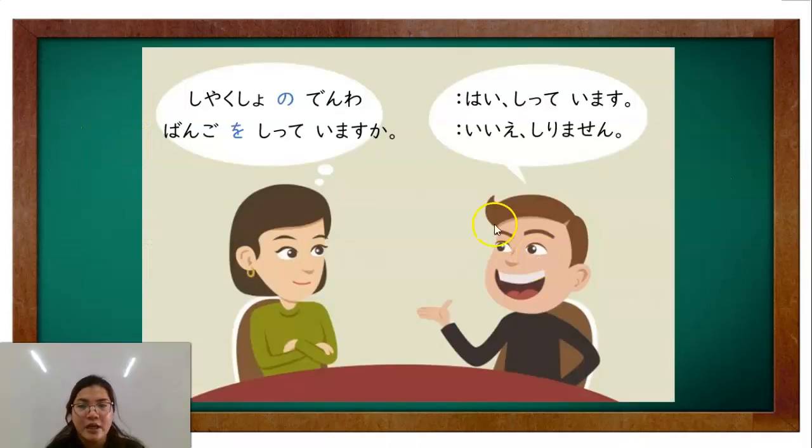Just like in the example here, shiyakusho no denwa bangou o shitte imasu ka? Affirmative? Hai, shitte imasu. And negative is iie, shirimasen. Okay, so always remember that there is no shitte imasen. Rather than saying that, you will say iie, shirimasen.